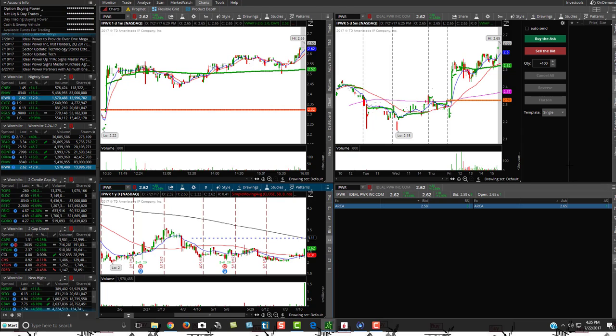But I ideally like to have ones that I can play both ways with a float under 50 million, most ideally under 20 million. So you can see IPWR. Now shares are somewhat similar to float. It's not as accurate. Usually I find with Thinkorswim, shares is higher than the float of the actual stock. So you'll see right here, this is under 20 million, so that's really good.